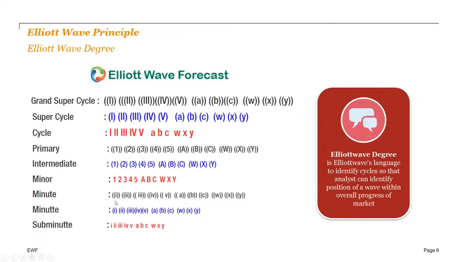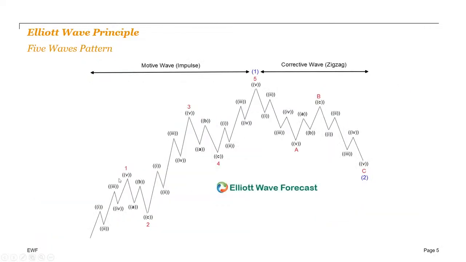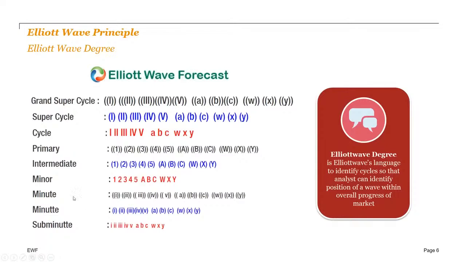And then you notice if I go back, the internal of the 1, 2, 3, 4, 5, we label it as a black 1, 2, 3, 4, 5 with double bracket, right? And back to this table, you can see that is the minute degree. So based on this, you will know exactly how to read the charts.